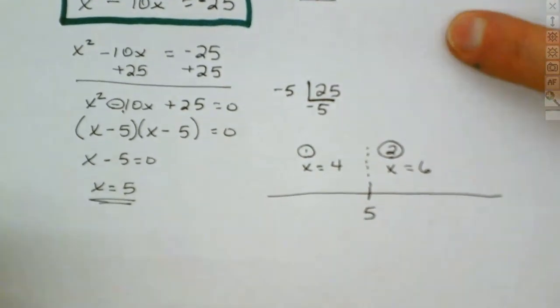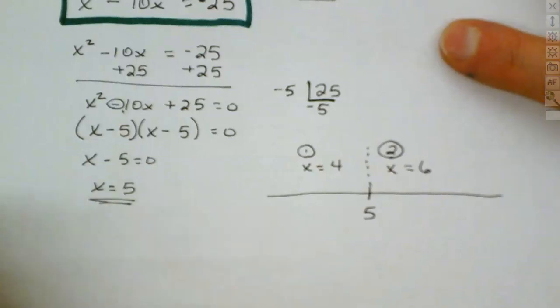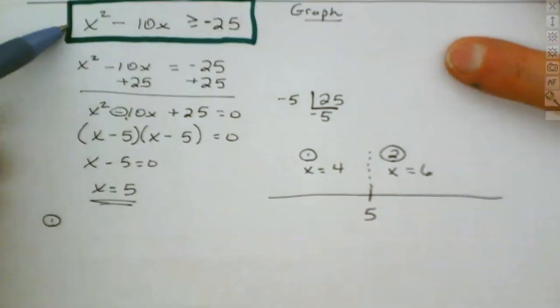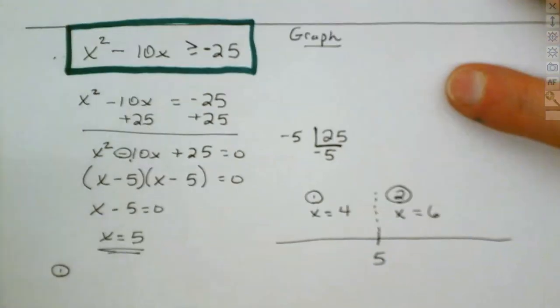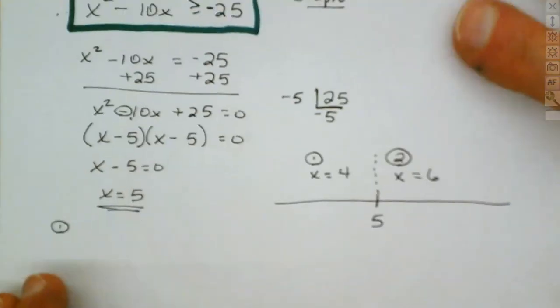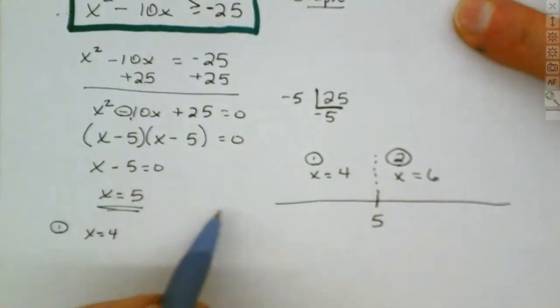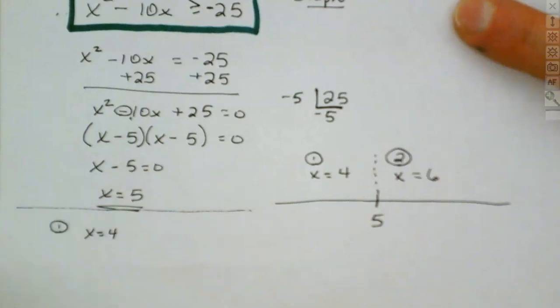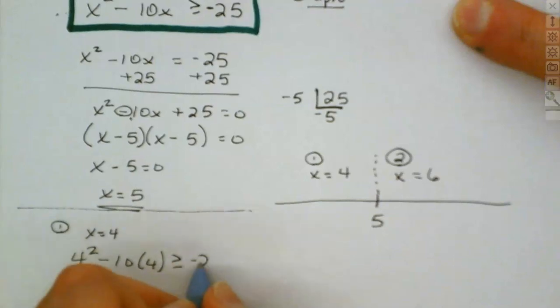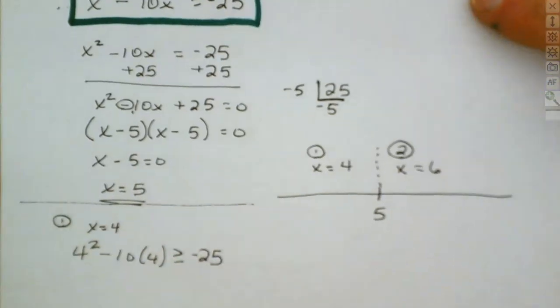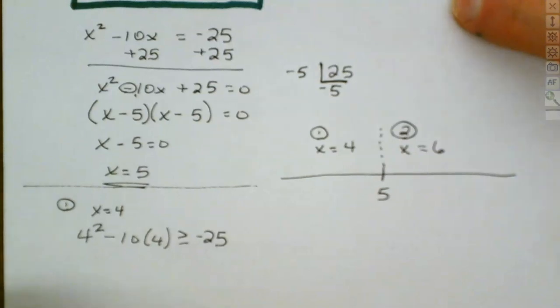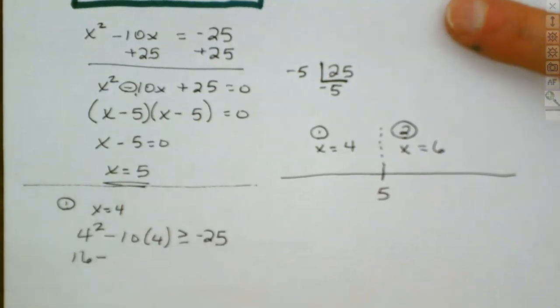What are we going to check it back into? We're going to check it in the original, in the boxed version, clear up here. So this is what we're going to check it in, and we'll just check the 4. That's over here in region 1. So we'll check the 4 first. 4 squared is 16.